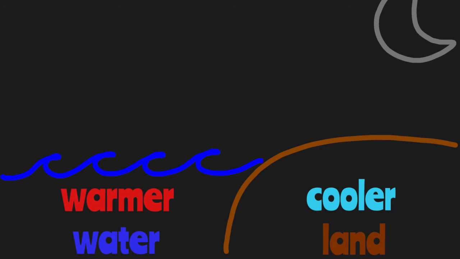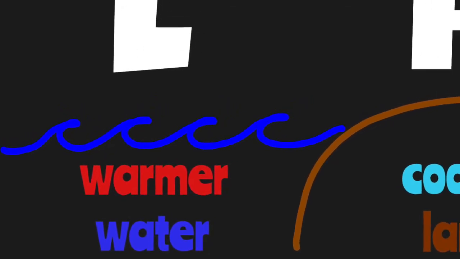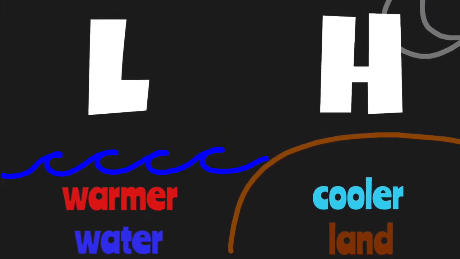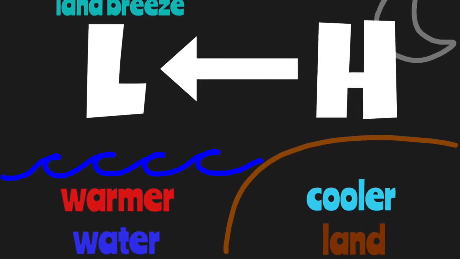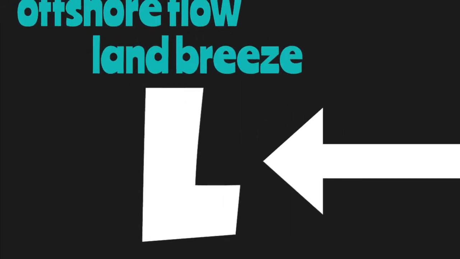In the evening, where is the high pressure cell located and where is the low pressure cell located? The warmer water will create low pressure and the cooler land will create high pressure. Air always moves from high to low pressure. This creates a land breeze or an offshore flow.